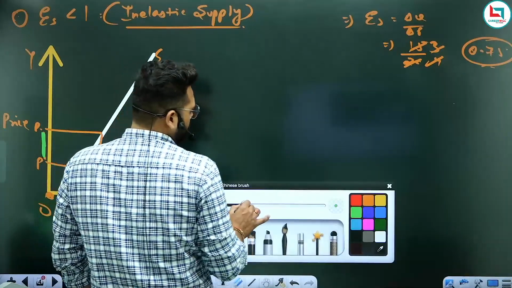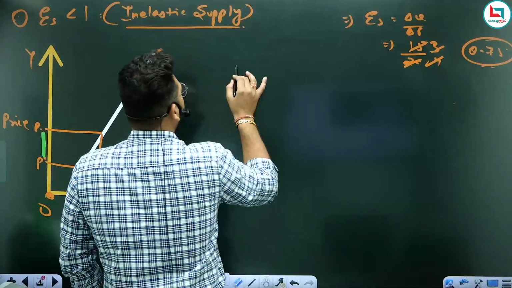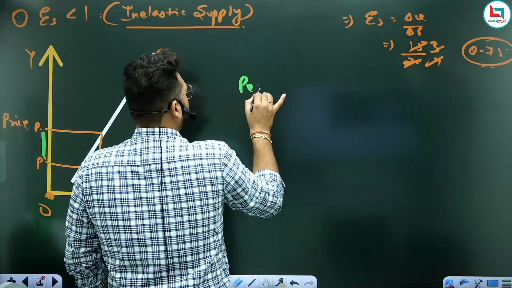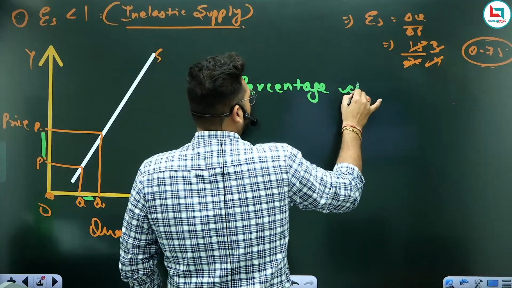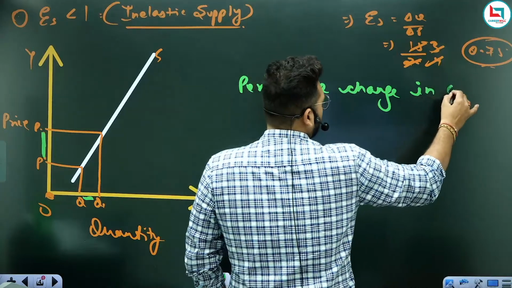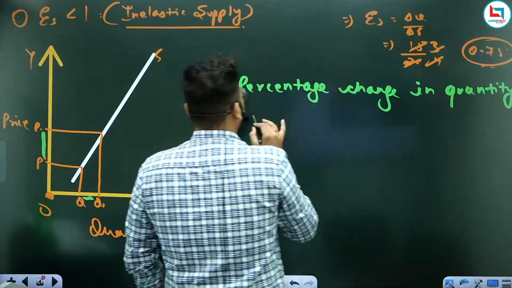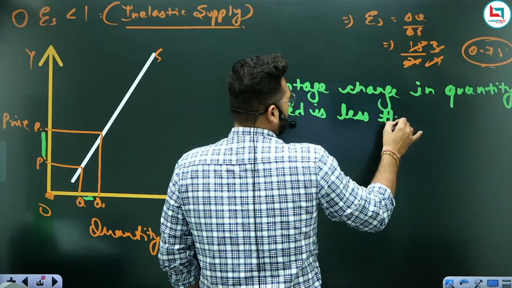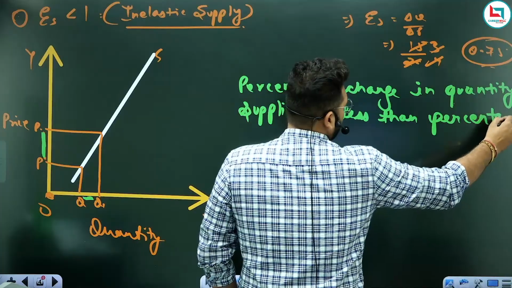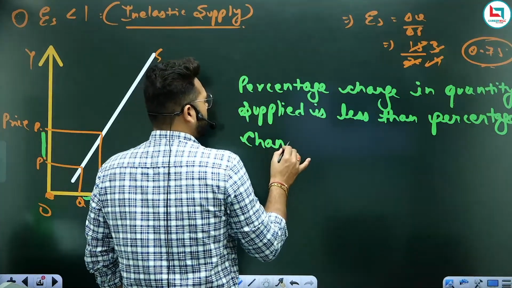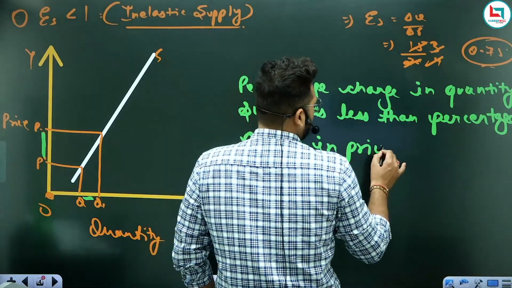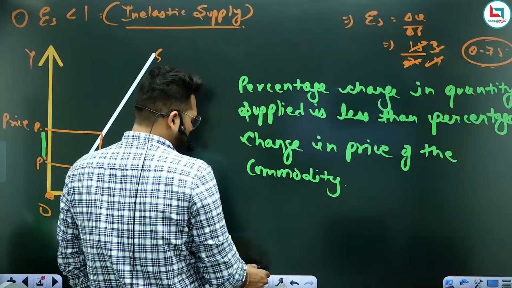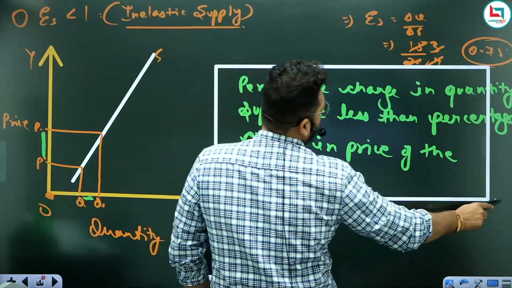So you can write: when the percentage change in quantity supplied is less than the percentage change in price of the commodity, this is called inelastic supply.